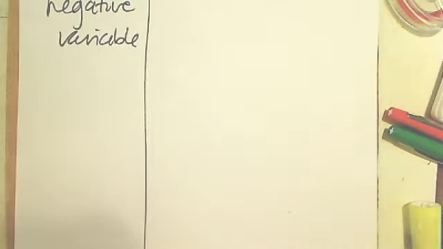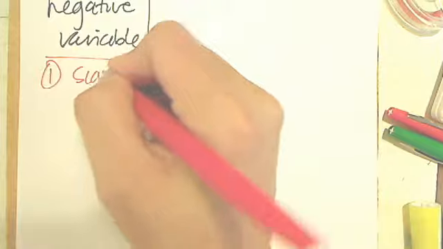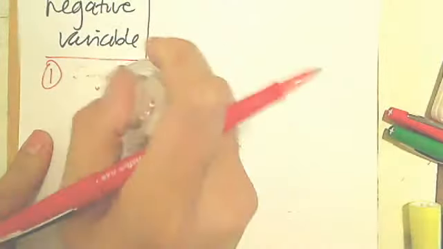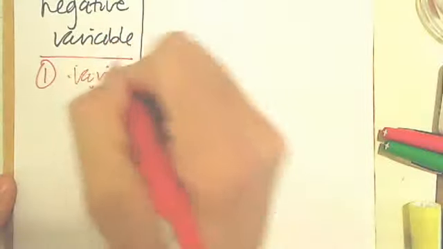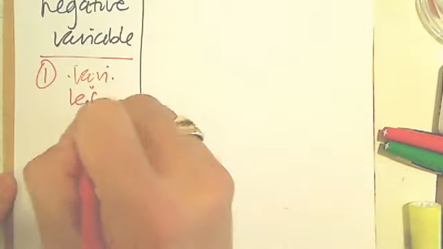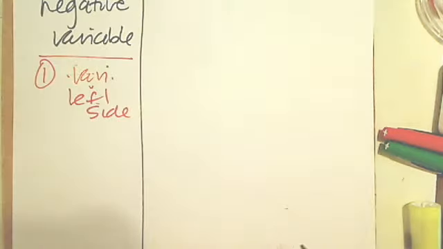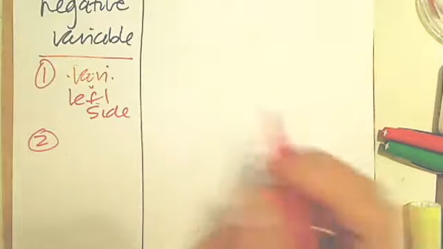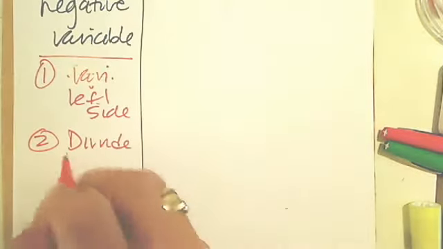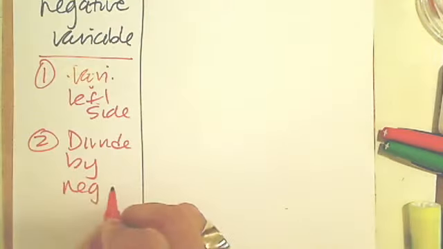This time, this is something different. Make sure the variable is on the left side of the sign. You divide by negative 1.